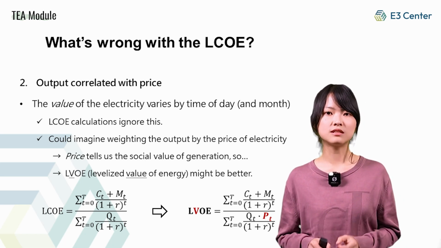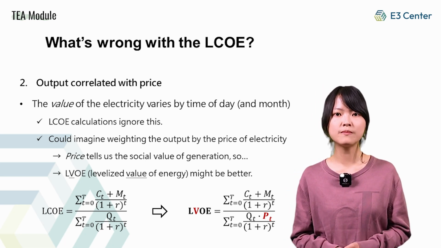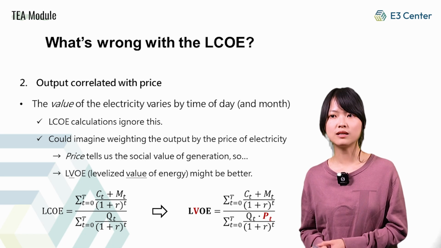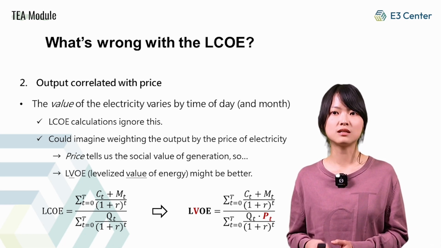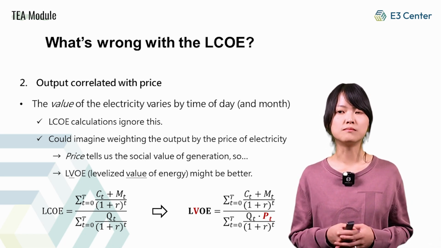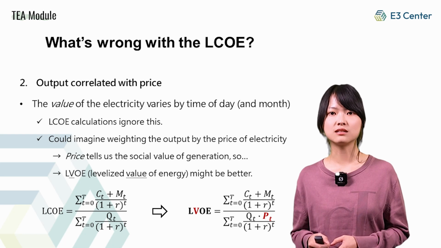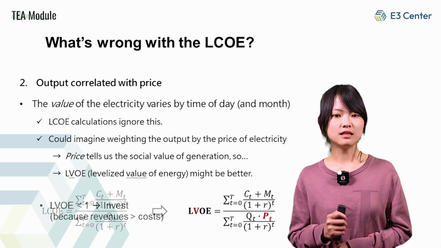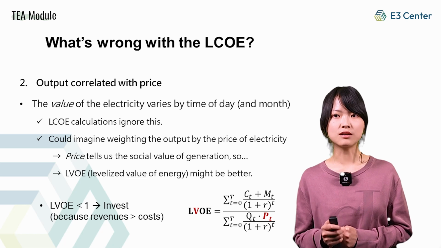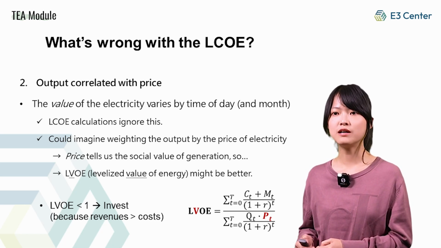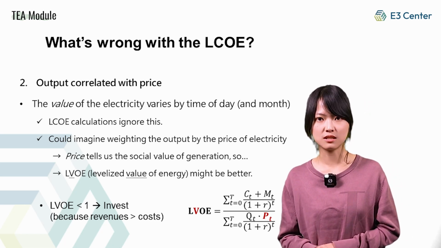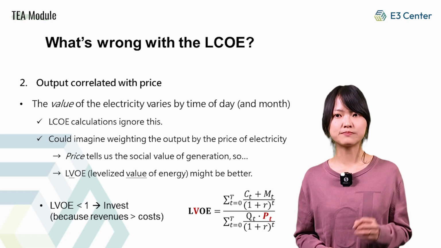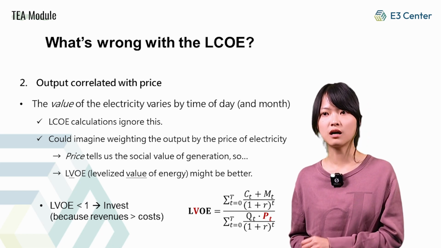By incorporating P_t into the equation, LVOE not only accounts for the cost of generating electricity, but also the market value, reflecting the social value of electricity generation. And if the LVOE is less than 1, it indicates a viable investment opportunity, because the revenue is expected to be greater than the cost.